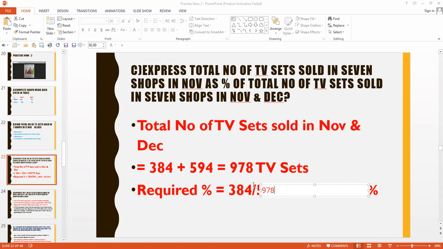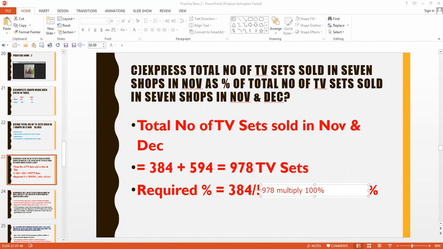So 384 divided by 978 and then multiply it by 100%. Then I have to solve it for you. Divided by 978, multiplied by 100%, it is equal to 16.97.